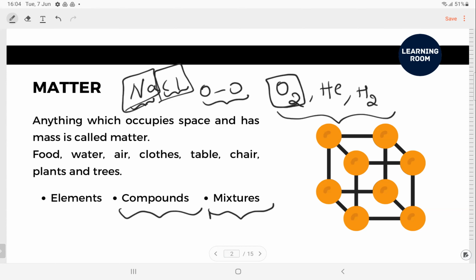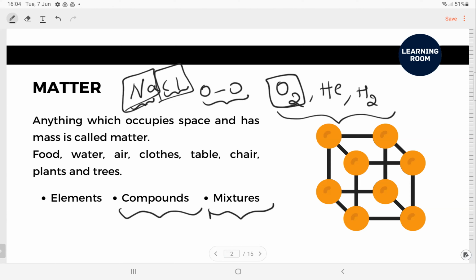Heterogeneous mixture means take sand and try to dissolve it in water. What happens in that case? Is the sand completely dissolved in the water? No. Sediments settle down at the bottom of the beaker.